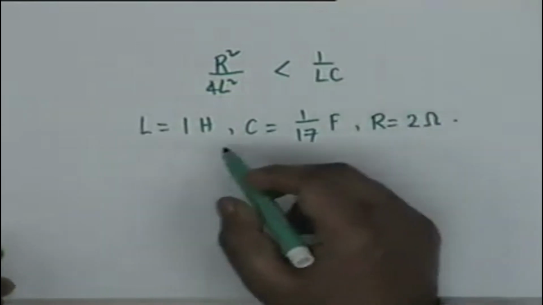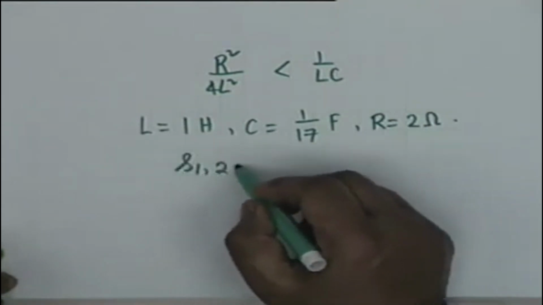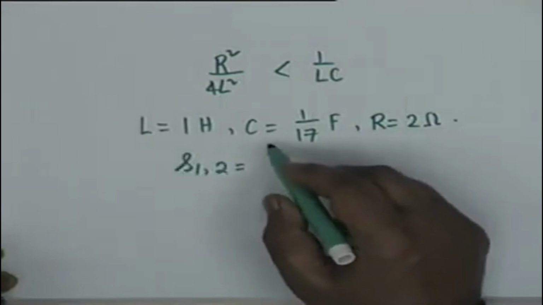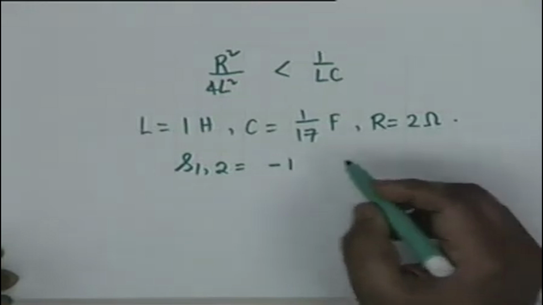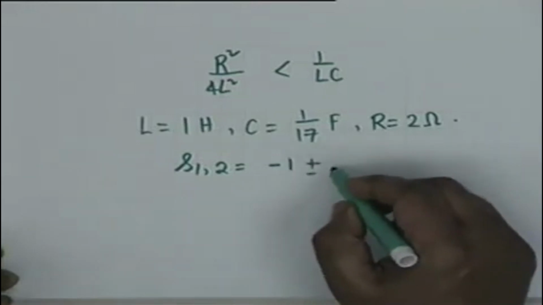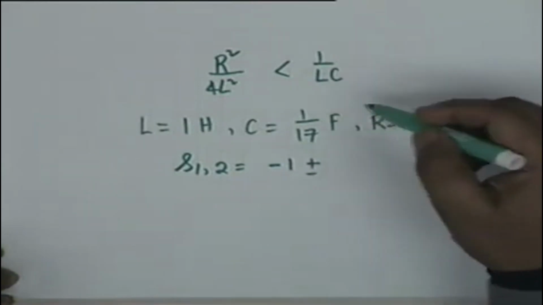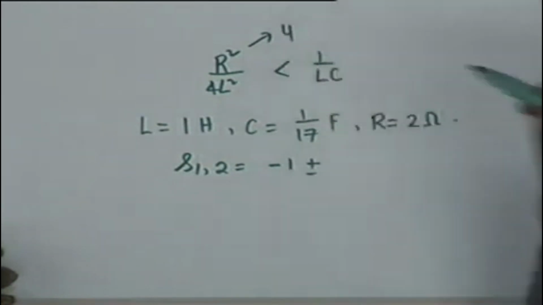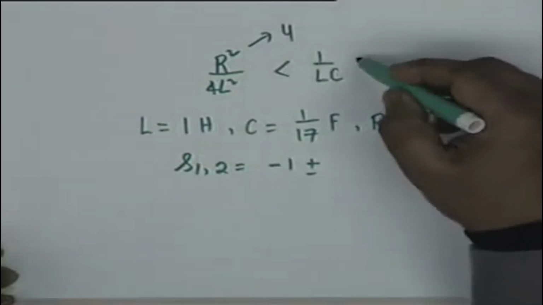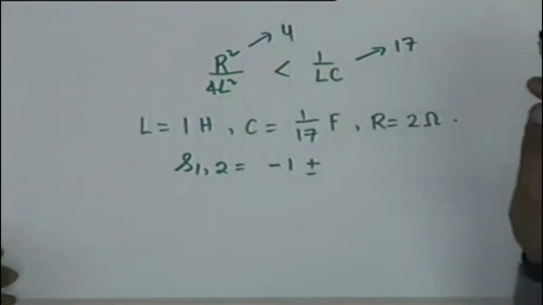Then the roots are s1,2 equal to minus R by 2L, so minus 1 plus minus the square root of R squared by 4L squared minus 1 by LC.